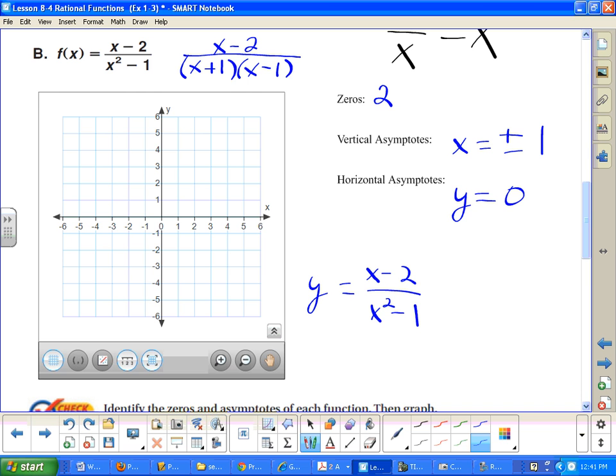So if we talk about the degree of the numerator and denominator and compare them, if I put in 1,000, am I really going to care about that minus 2 and that minus 1? No, they're not going to make much difference.